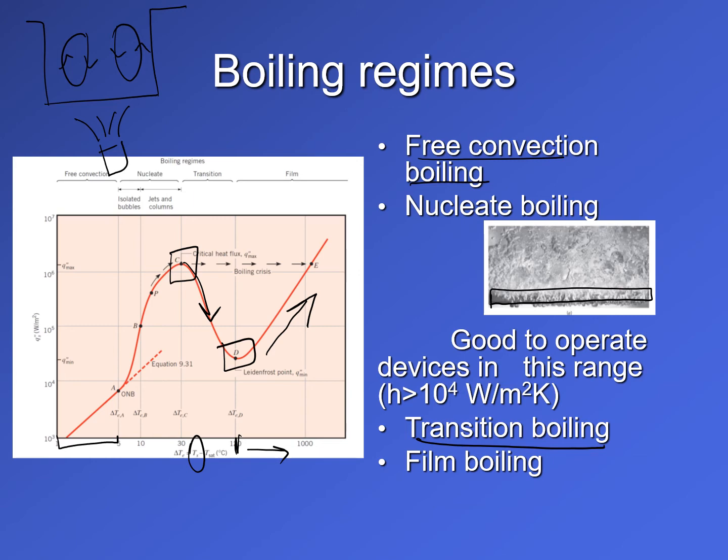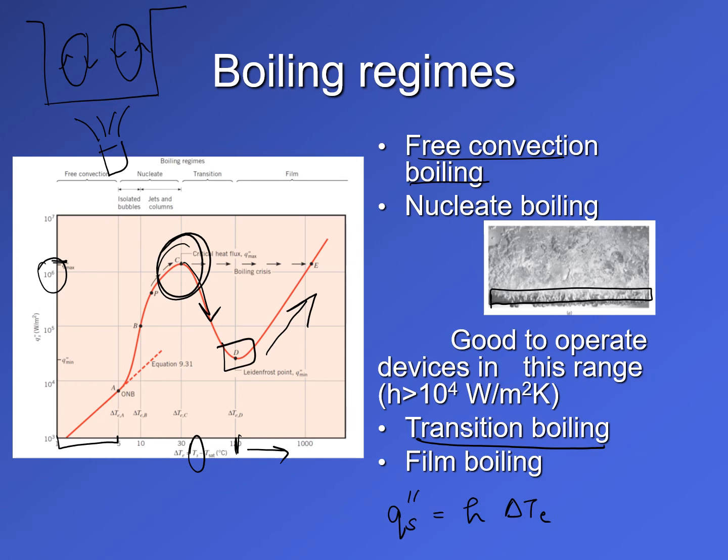So let us now try to calculate the heat transfer coefficient, because as we said, Newton's law of cooling in this case is simply QS double prime modeled as a heat transfer coefficient times the excess temperature. So if I look at a point where my QS double prime was maximum, which was this point C, my QS double prime is approximately slightly above 10 to the power of 6.